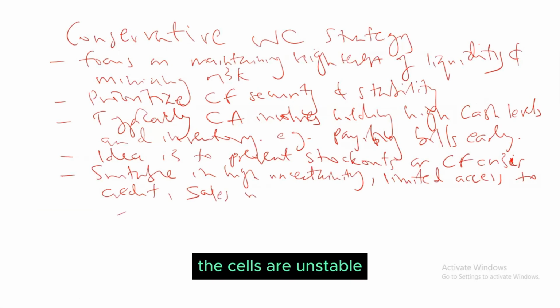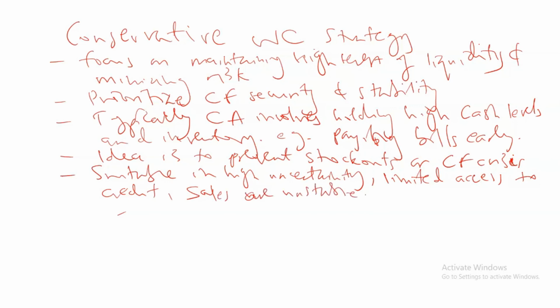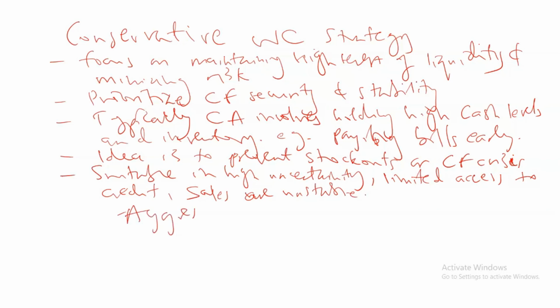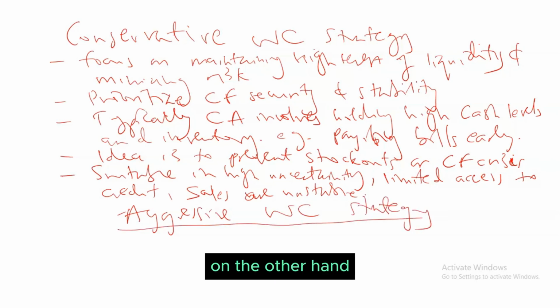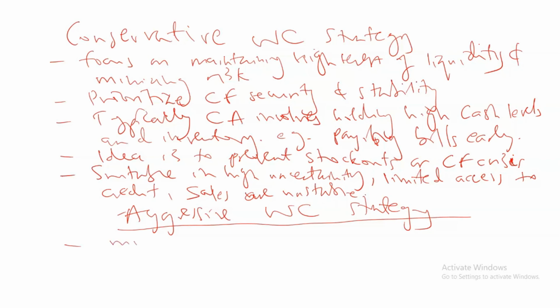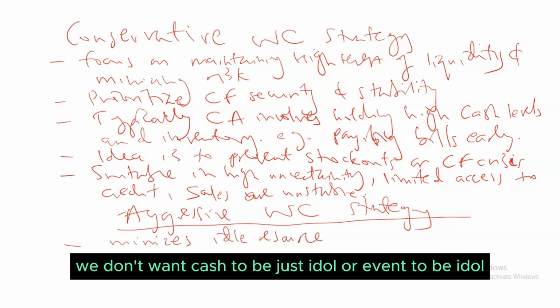The sales are unstable. What about the aggressive working capital strategy? On the other hand, the converse is true. Here we'll be minimizing idle resources. We don't want cash or inventory to be just idle.